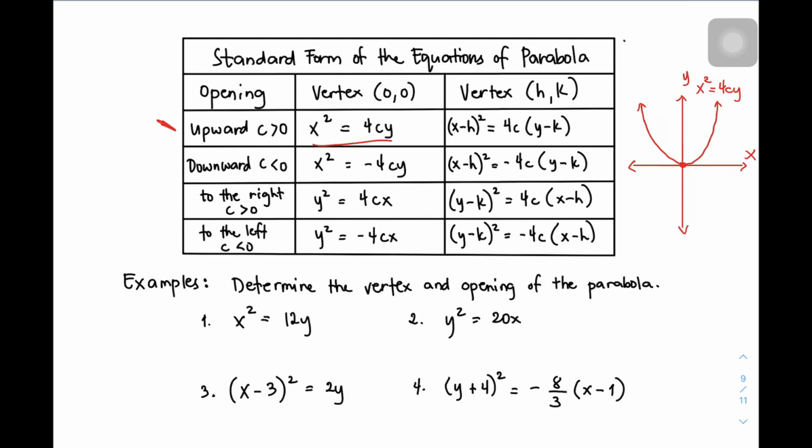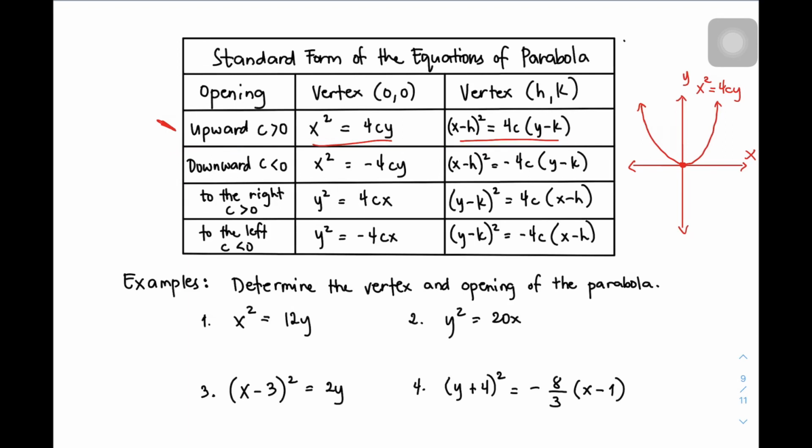How about the second one? So, yung second equation natin, you have the quantity of x minus h squared is equal to 4c times y minus k. So, same lang ang opening. As you can see, nakasama siya sa upward. Same lang ang opening.